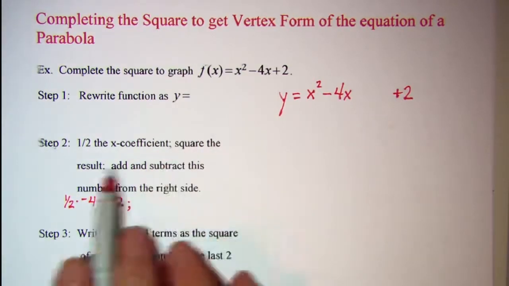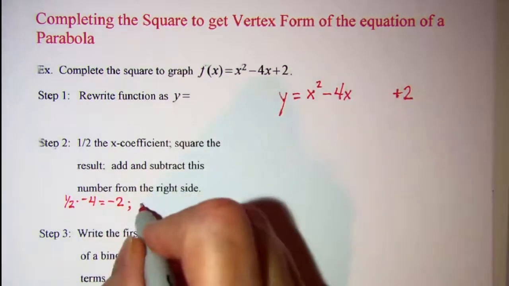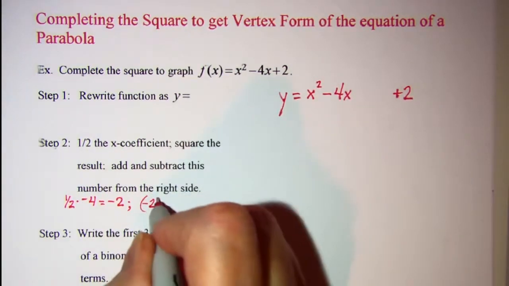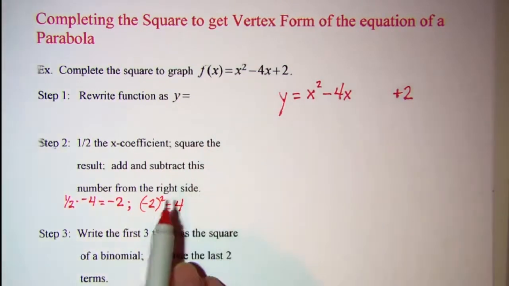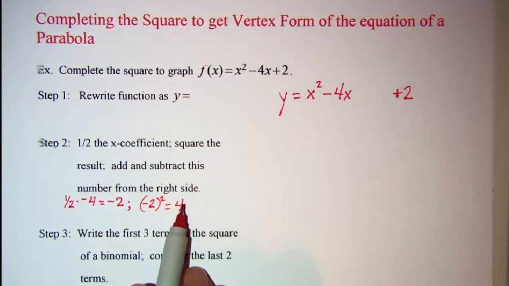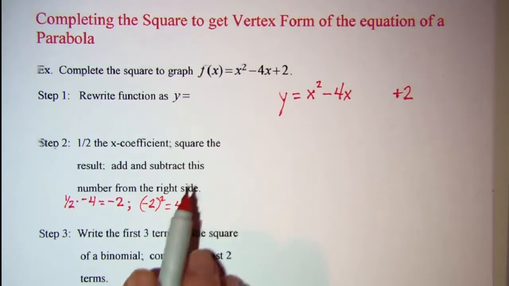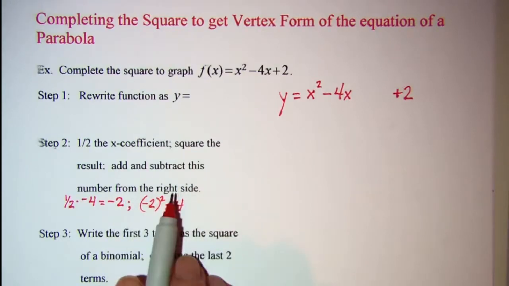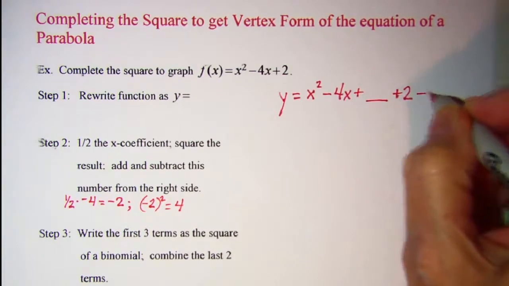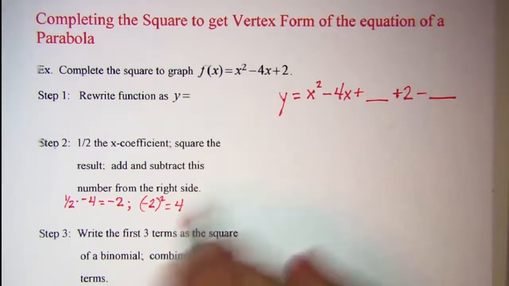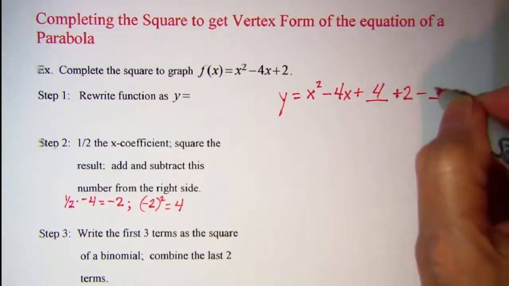Then square the result. That gives me 4. And then add and subtract this number from the right side. So I'm going to add and subtract 4 from the right side.